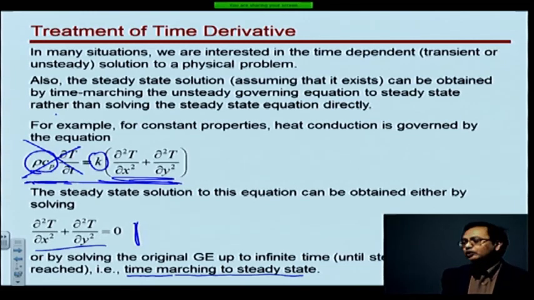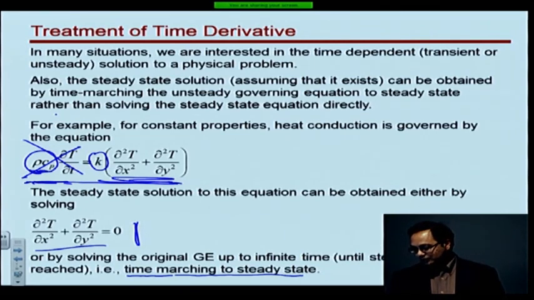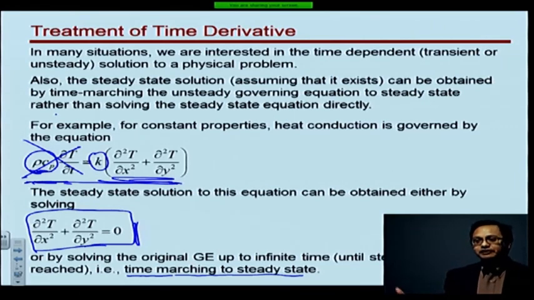I don't have to use the real values of rho, k, and Cp to get to steady state. I can choose arbitrary values that will take me to steady state quickly, because as you can see from the steady state governing equation, these values don't affect the steady state solution. It's independent of that.